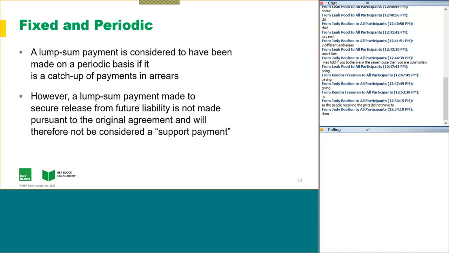So we're going to treat it as if it was. You're still going to report it in the year you received it. Okay? A lump sum payment, on the other hand, that just says walk away, like the client that we had, is not going to count.